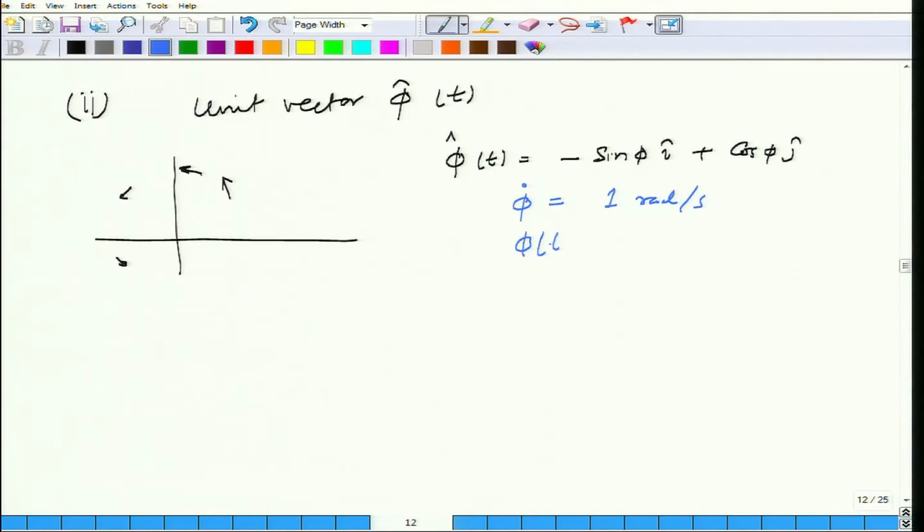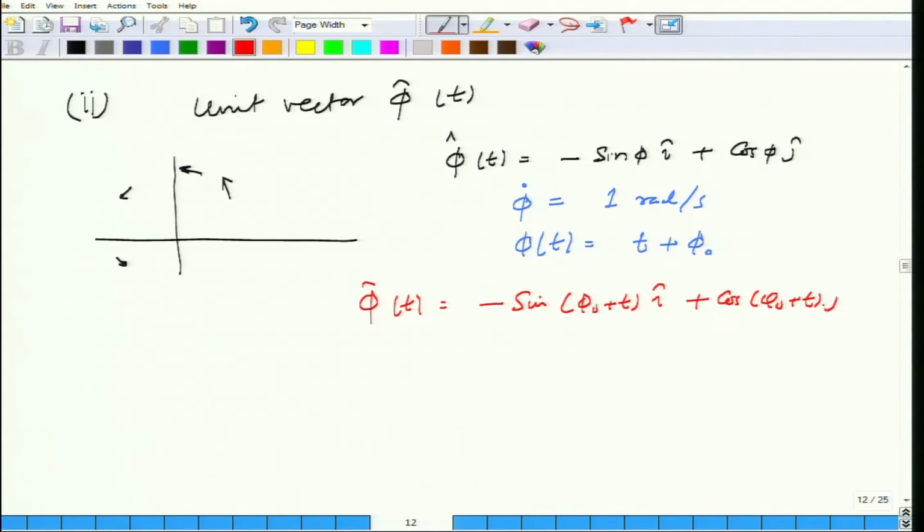So phi(t) is going to be t plus some phi naught, which was the phi at t equal to 0, and therefore phi unit vector as a function of time is going to be minus sine of (phi 0 plus t) i plus cosine of (phi 0 plus t) j.